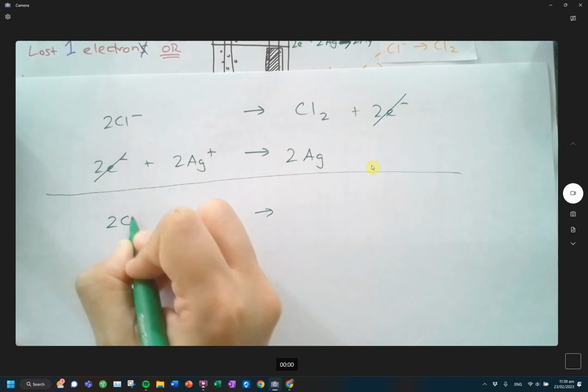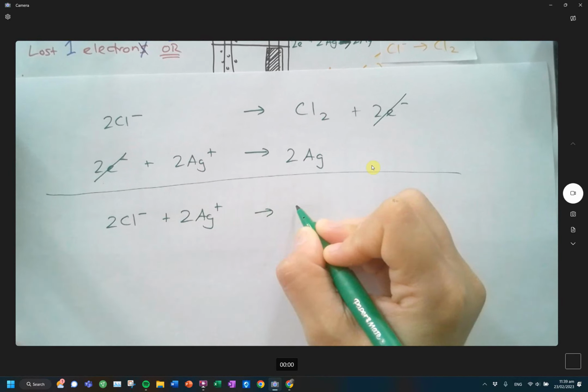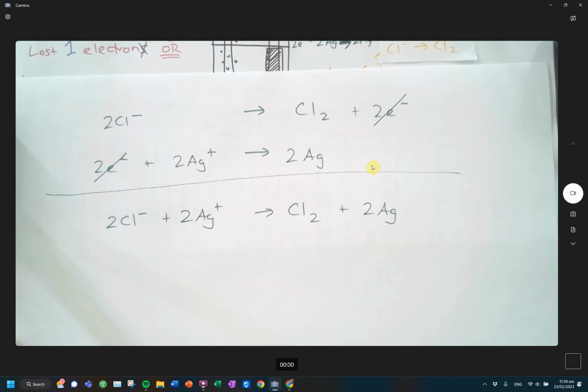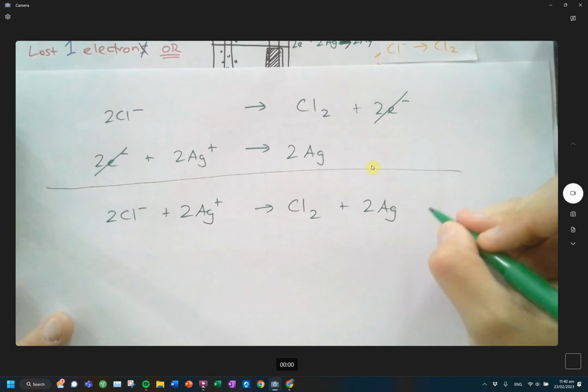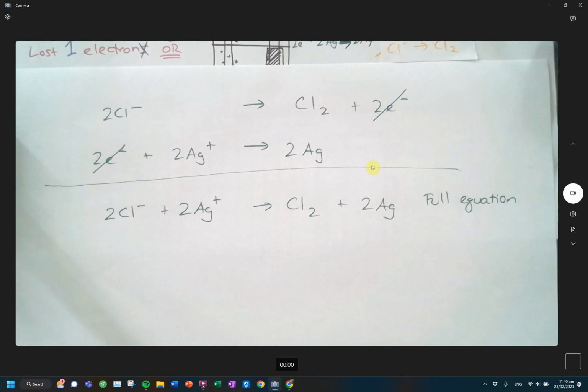So 2Cl minus plus 2Ag plus makes Cl2 plus 2Ag. I told you, the equations this year are easier because I'm not giving you the complex ones. There's no bonus points for doing that. So that's your full equation. You're going to need that for excellence.